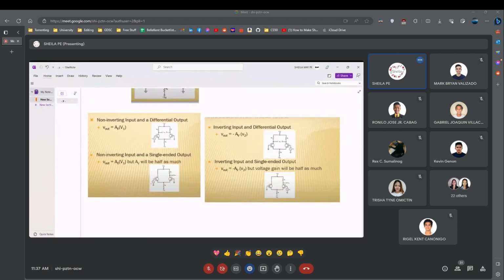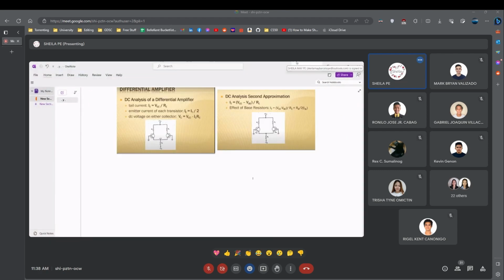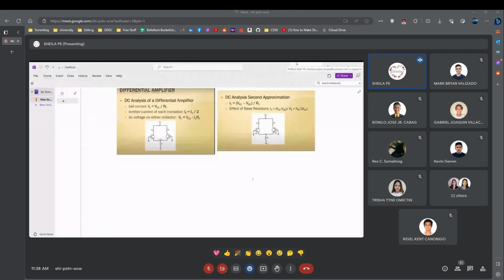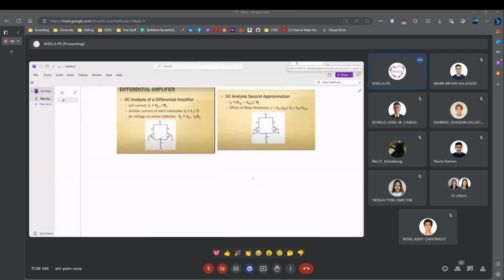Okay. Now in here, for the DC analysis of a differential amplifier, as I've mentioned kanina, we have tail current, right? And ang pagkuha sa atong tail current kuno is the VEE minus RE. For that part class, gi-treat si transistor as an ideal approximation.